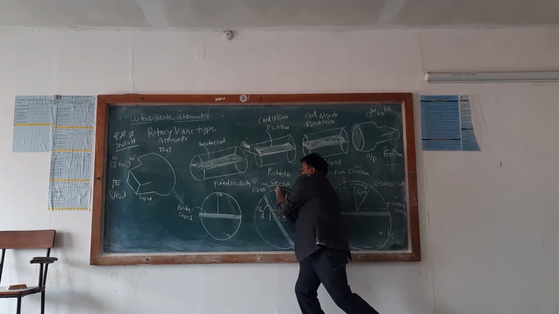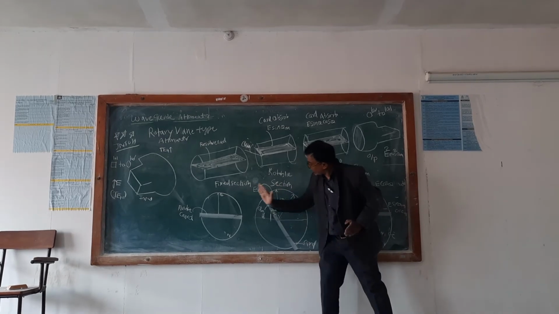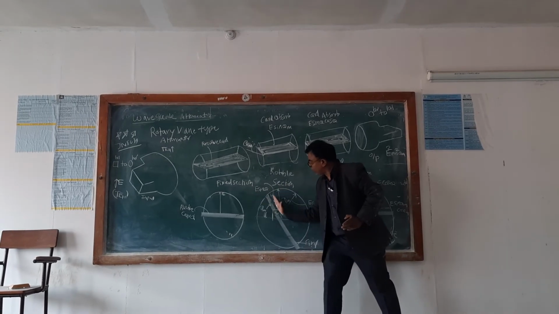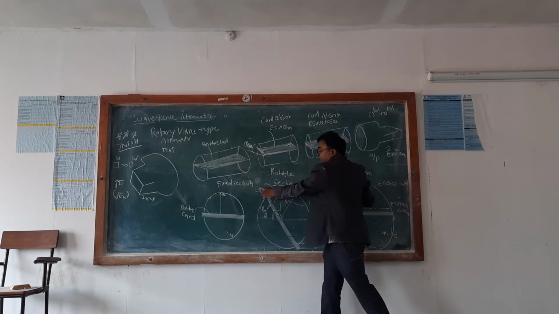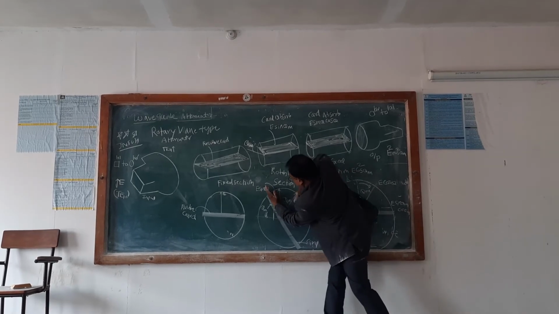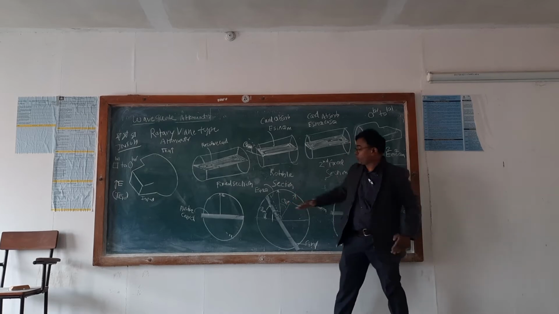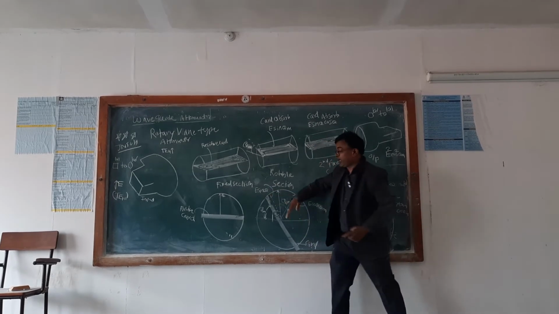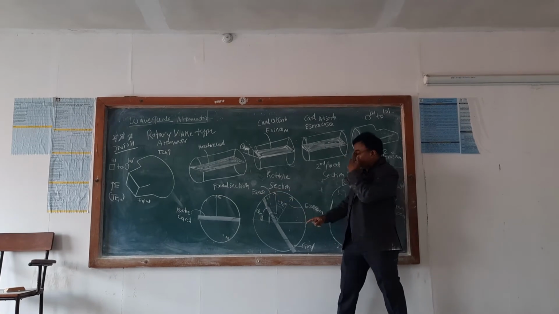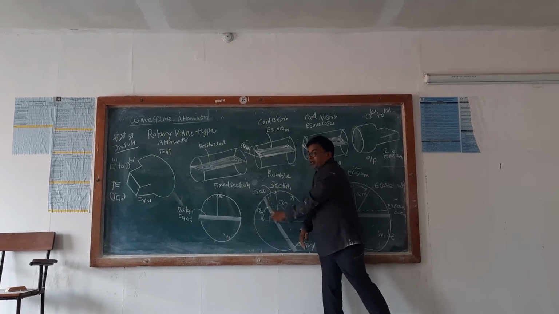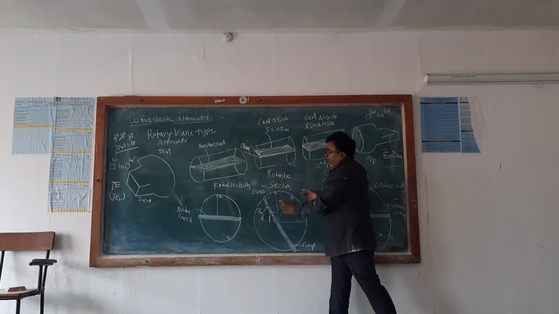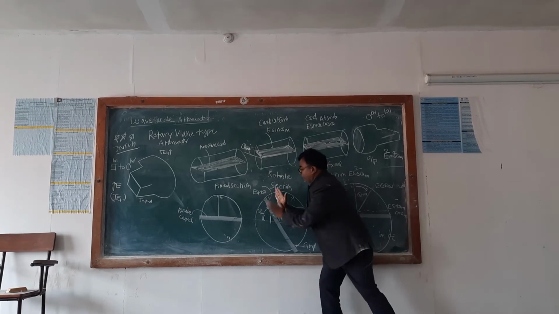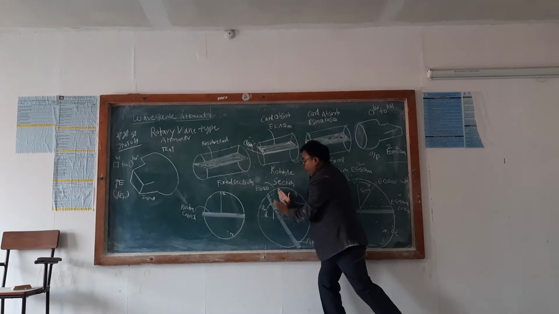Parallel to this it will become E cos theta m, and this will become E sin theta m. So which field is parallel to the resistive card? Here you can see that E sin theta m is parallel to the resistive card.